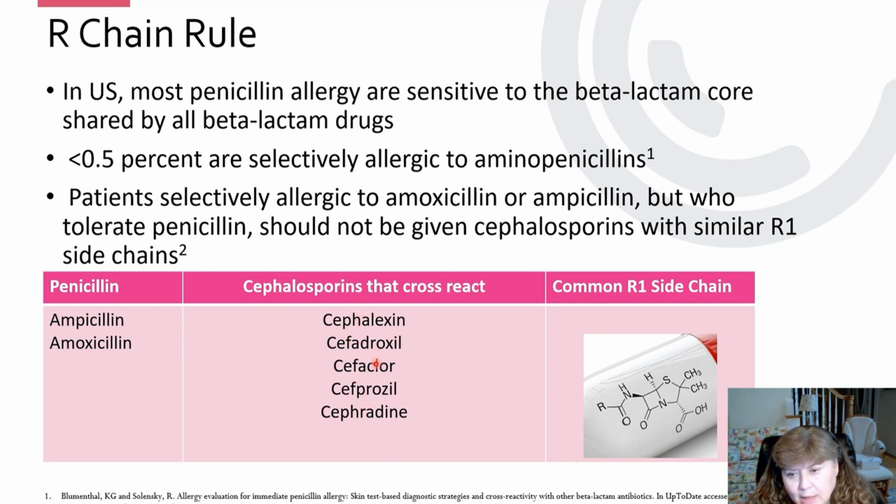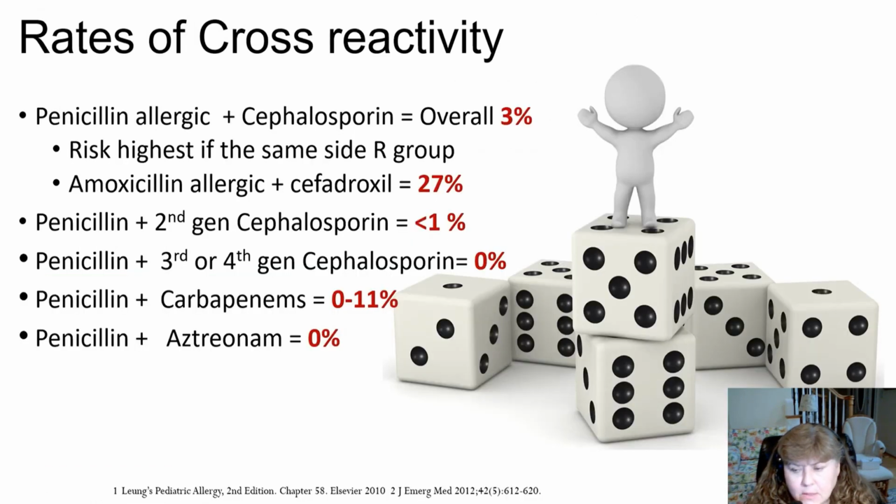So you're more likely to see cross-reactivity if you have a true allergy to one of these. Then these are the cephalosporins that you would be more likely to react to because of the shared R group between these two. And that's really the cephalosporins that we worry the most about when we're thinking about amoxicillin or ampicillin allergy.